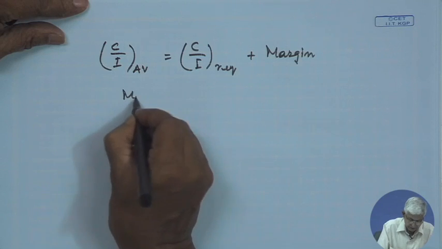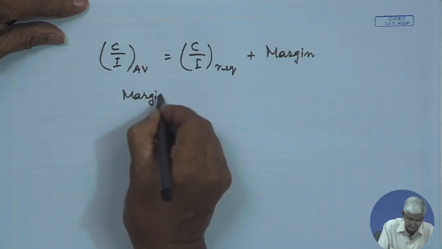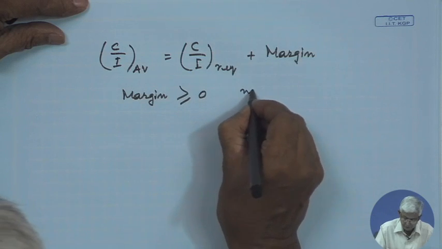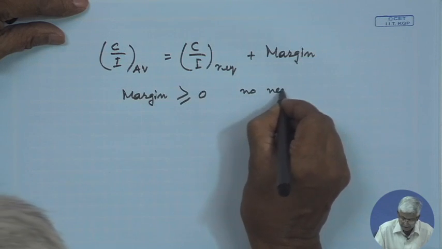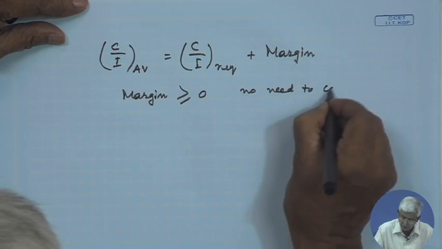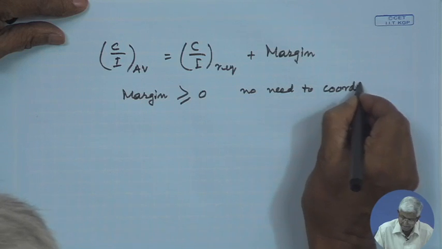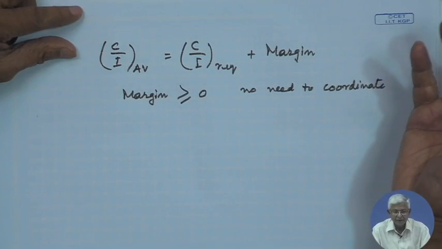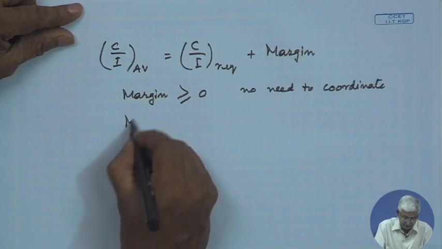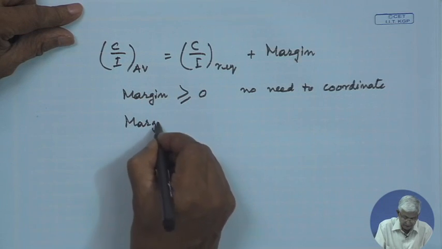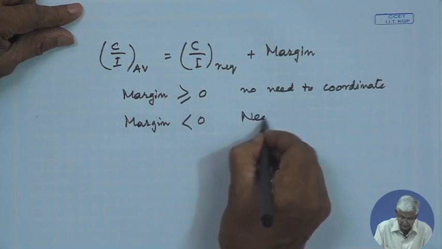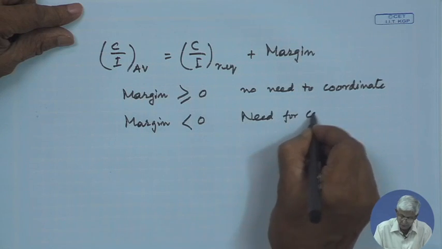If this margin is greater than or equal to 0, no need to coordinate with the operator which is interfering. But if margin is less than 0, then there is a need for coordination.